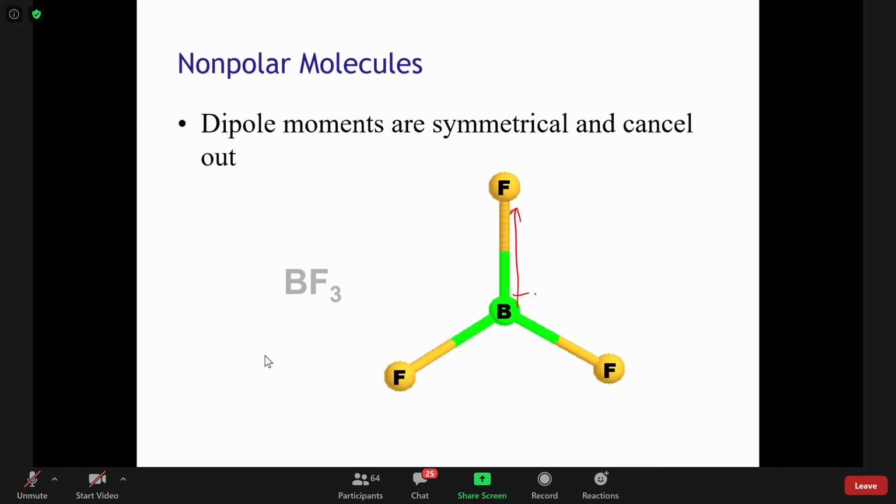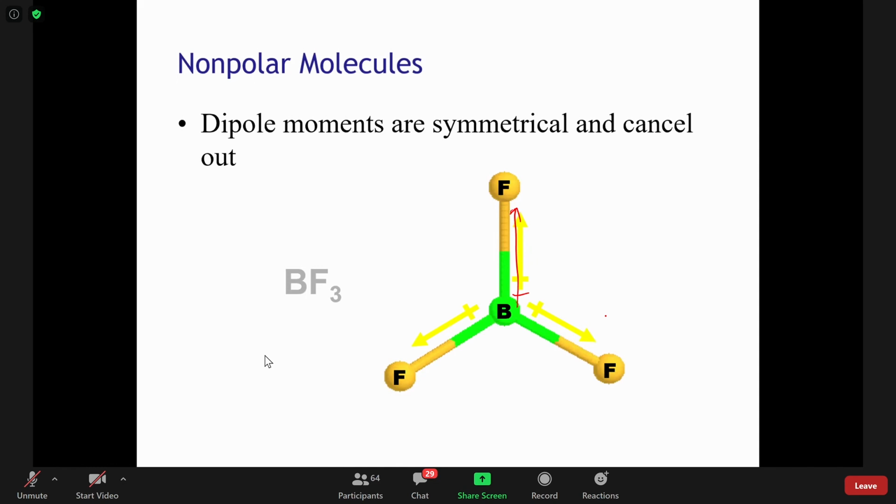Does that mean automatically that if you have polar bonds, you have a polar molecule? No. Why not? Because you just said it was the sum of the vectors. I just said, my God, somebody's listening to me. I love it. Just being a little sarcastic.